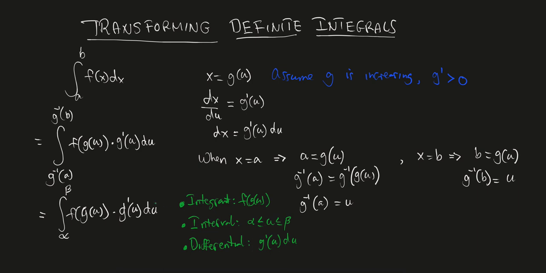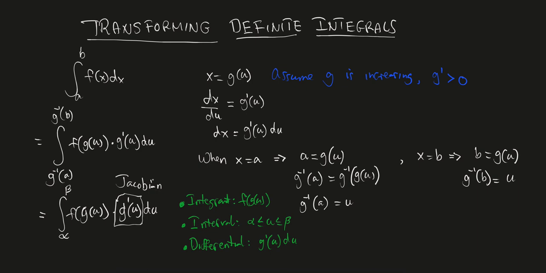This expression, this g prime of u that's multiplying the du, actually has a fancy name in its own right, and it is called the Jacobian of this transformation. So for the transformation x equals g of u, this thing, which is basically its derivative, is often called the Jacobian, and it's named after Carl Gustav Jacobi, long name there, but he was the mathematician that did a lot of important work on these transformations.